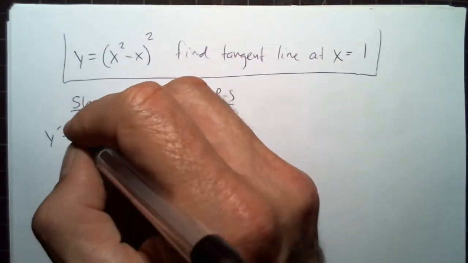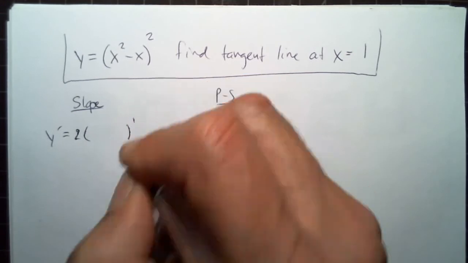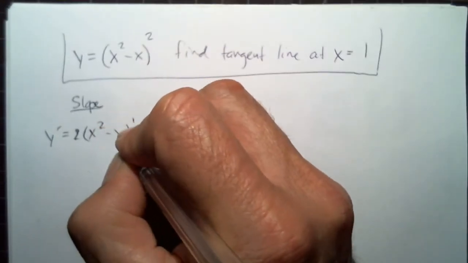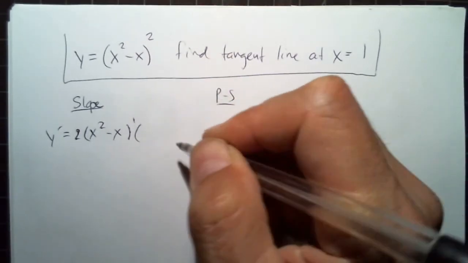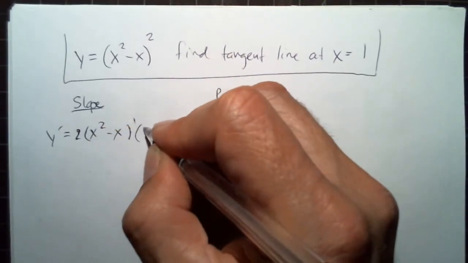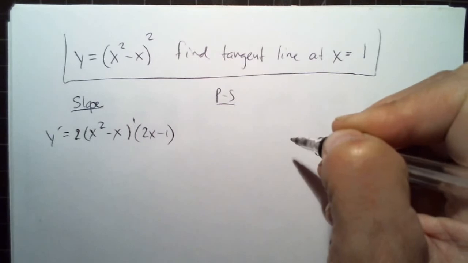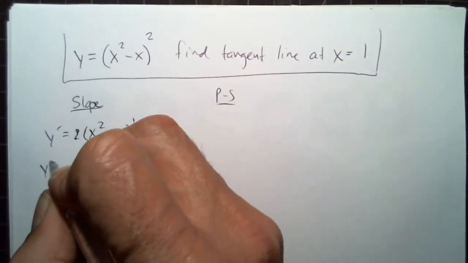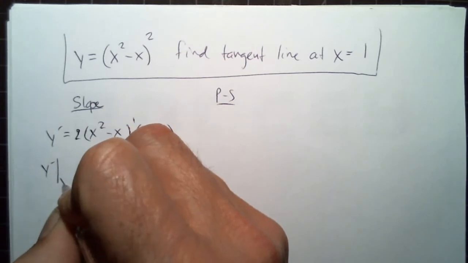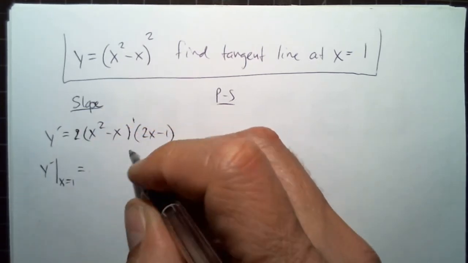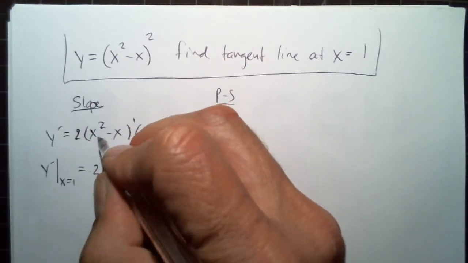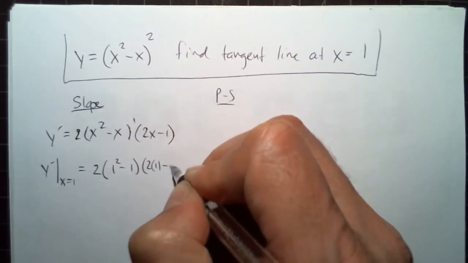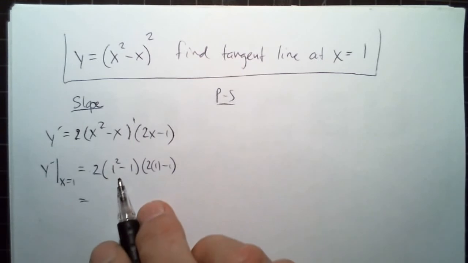So the derivative of the outside, leaving the inside the same, times the derivative of the inside, 2x minus 1. And we just need to evaluate it, so we won't simplify. Let's evaluate it at 1: 2 times (1 minus 1), (1 squared minus 1), 2 times 1 minus 1. So that's going to be 0.